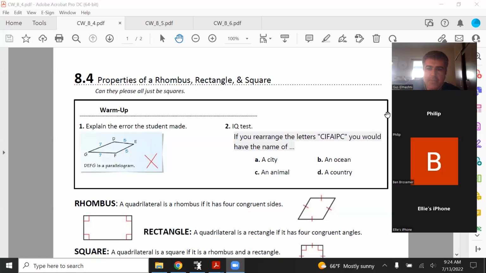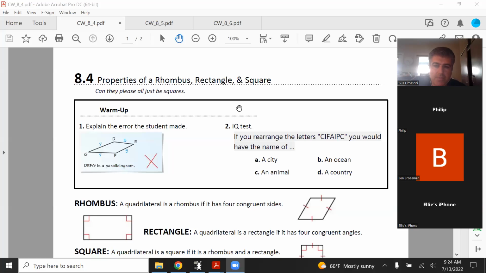So our plan is to go over 8.4 first, and then there's a worksheet associated with it. So after I go over this and we do some practice problems, you guys will do 8.4. Then we'll do 8.5, do a worksheet there. Let's see where that takes us. Maybe we'll do a break somewhere in between. But I do want to cover all 3 of these sections before our lunch break at 11:30.